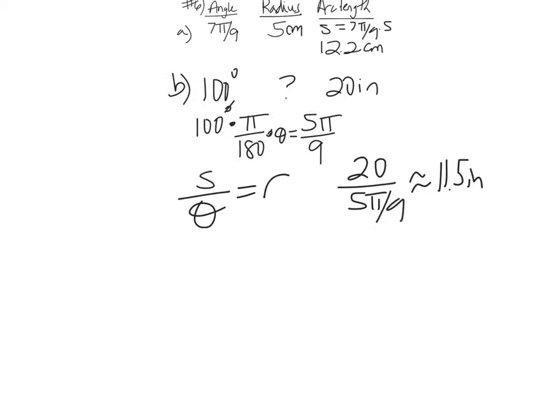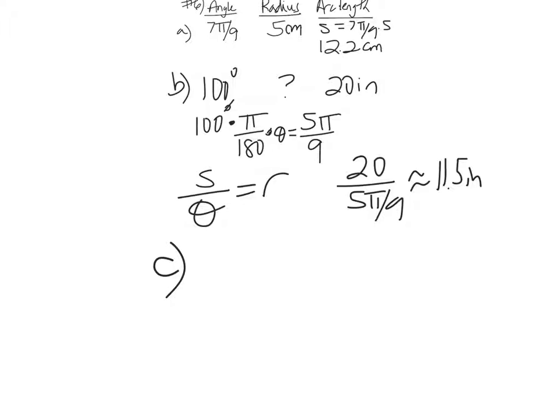Okay, and then finally the last one is when we're not given the angle. We got to find the angle, and it says the radius is 12 centimeters and the arc length is 30 centimeters, and we need to find the angle.